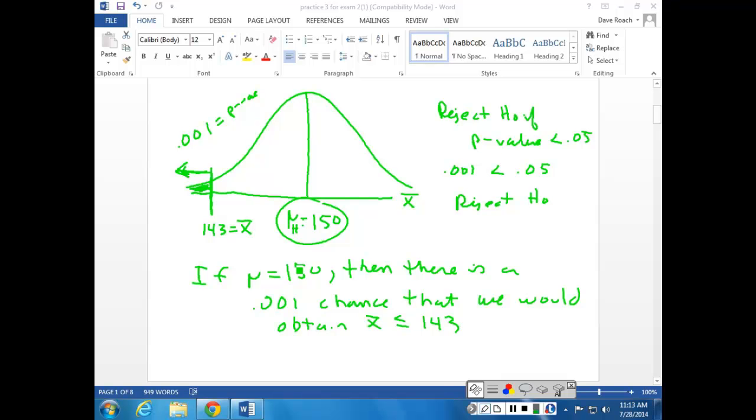Most people don't do it, and you really don't have to write this in there, but to be exactly precise, that's with sample size equal to 36. If the sample size were something else, then the distribution would be narrower or wider depending on the size of the sample. If it were a larger sample, it would be narrower, smaller sample, wider. So it really is tied to that sample size.